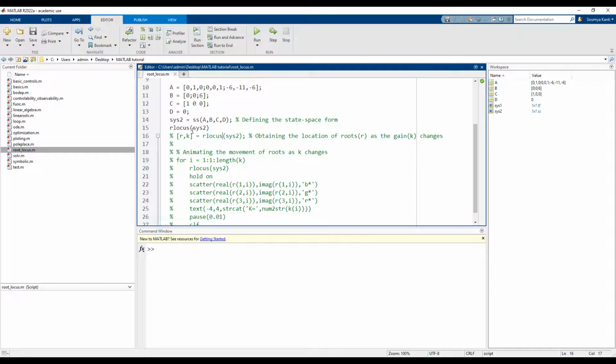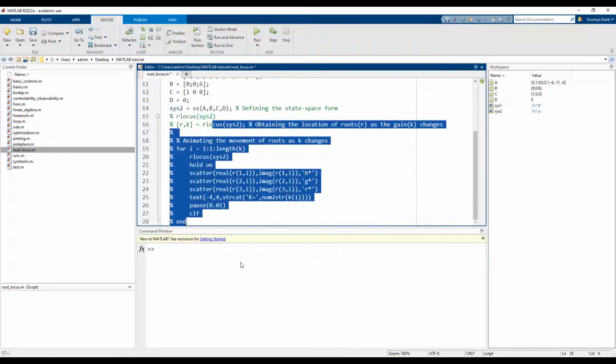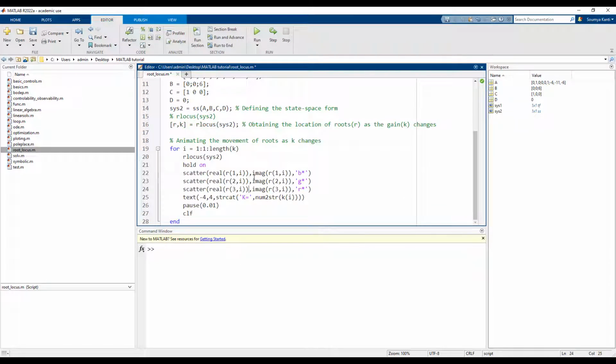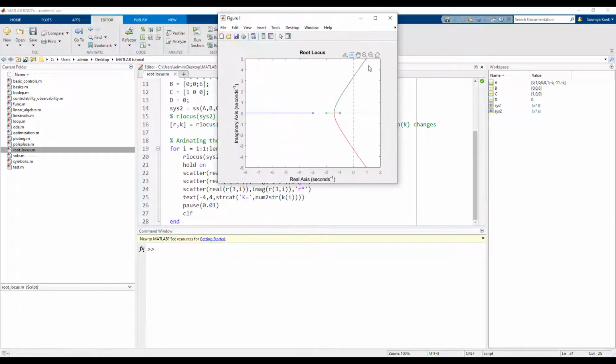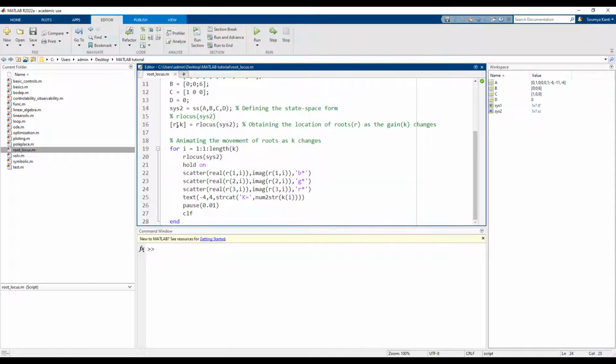Now suppose I want to animate a plot. I will show you how to animate a plot in MATLAB. I want to show that as k increases, the pole starts from 0 and goes to infinity in this particular plot. What I am doing is, r comma k will extract the roots and the gains.